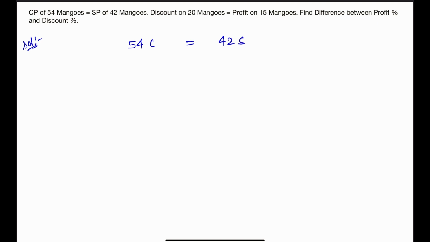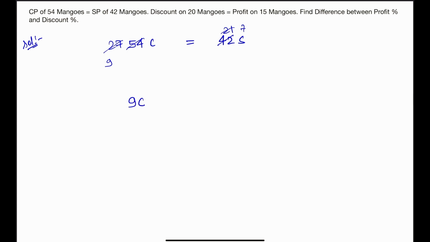Okay, and I can write it as 27, and it will be 21. So it will be 9, 3 times 9, 7 times. Okay, so 9C equal to 7S.